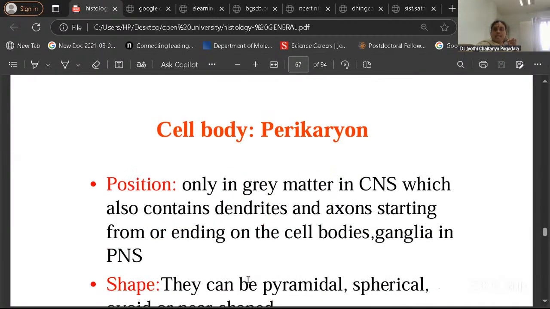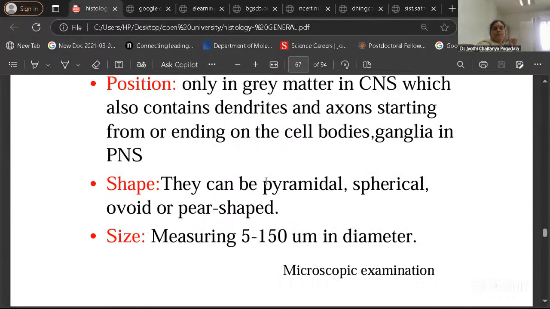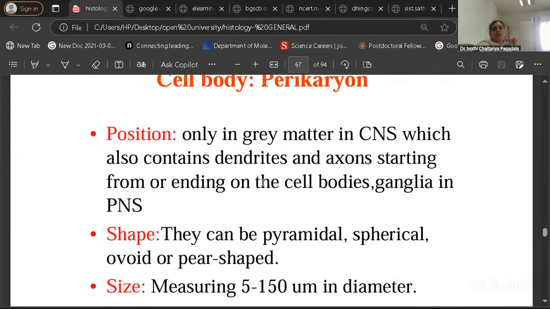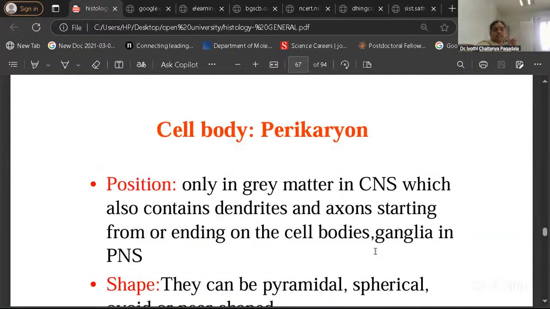The perikaryon is found only in gray matter in the central nervous system, which also contains dendrites and axons starting from or ending on the cell bodies.